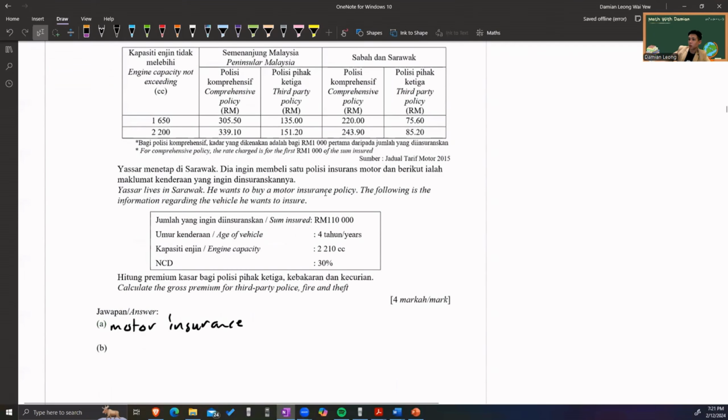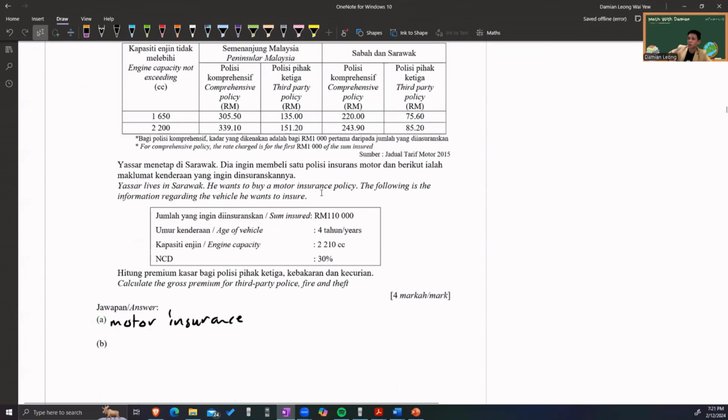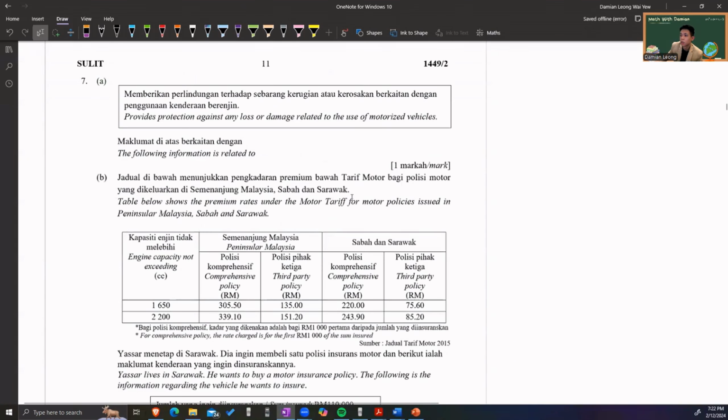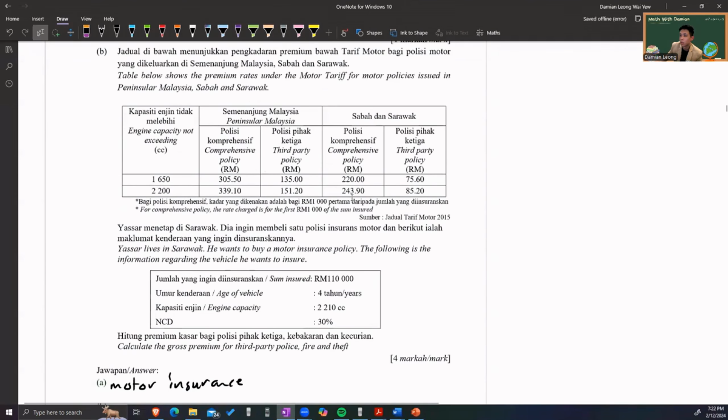The following is the information regarding the vehicle he wants to insure. Sum insured 110,000 and the capacity 2,210. Wait a minute, something is wrong here.